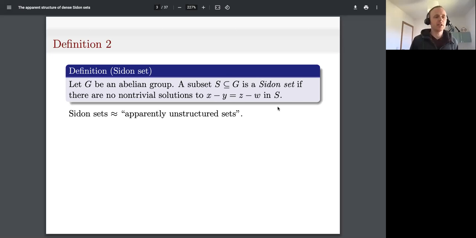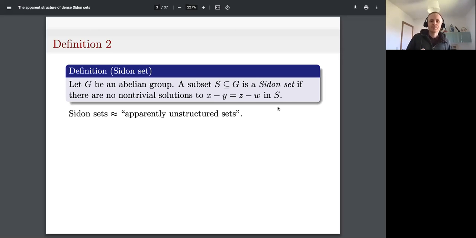A set with many additive quadruples is known to be highly additively structured. And so a set with no additive quadruples is sort of the polar opposite of that. You expect it to be totally unstructured. Whenever you need an unstructured set, you just say, okay, suppose that it's a Sidon set, and then what happens? Sidon sets are the canonical unstructured sets to use.